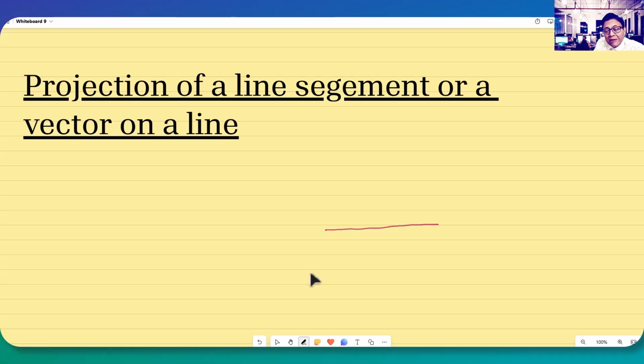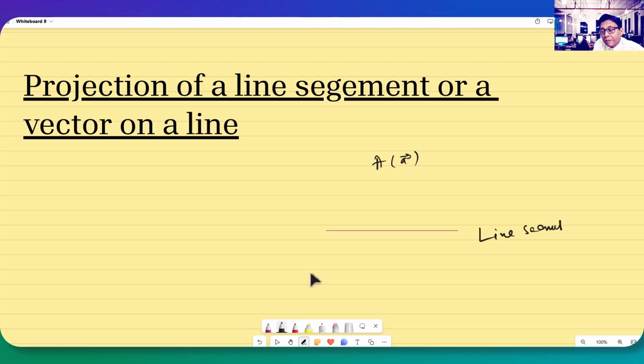This is the line or line segment or a vector. We want to find projection of a point A on this line. It may be a line, segment, part of line, or a vector.